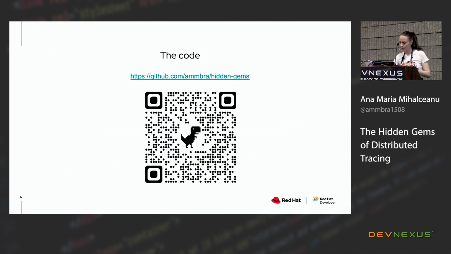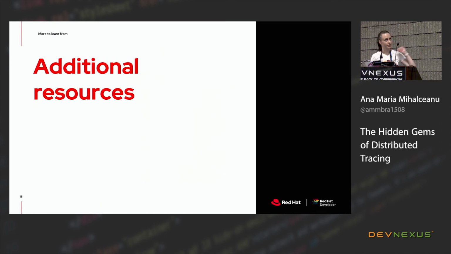Cool. So this is where you can find the code for the app. You find all the code there for the 2 apps and the Kubernetes part and the Docker Compose and everything. So all the sampling strategies and everything there, and how to work with it. There's a couple of things that maybe you would like to look into more.